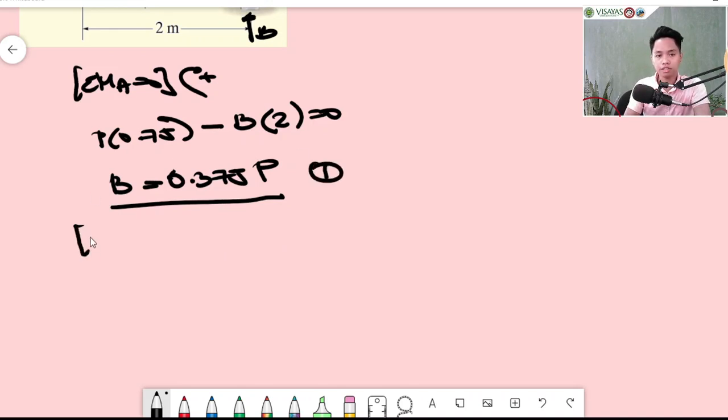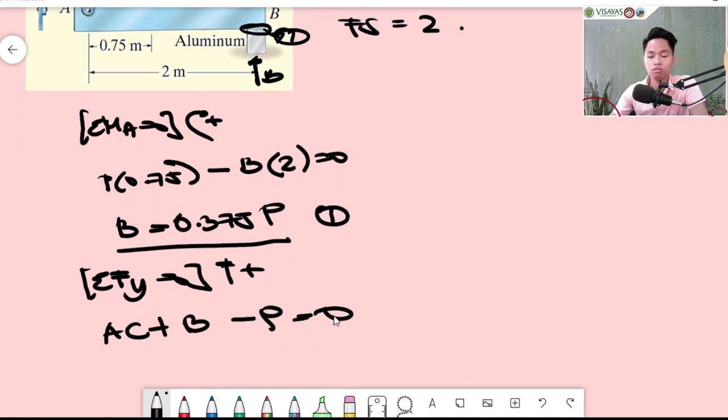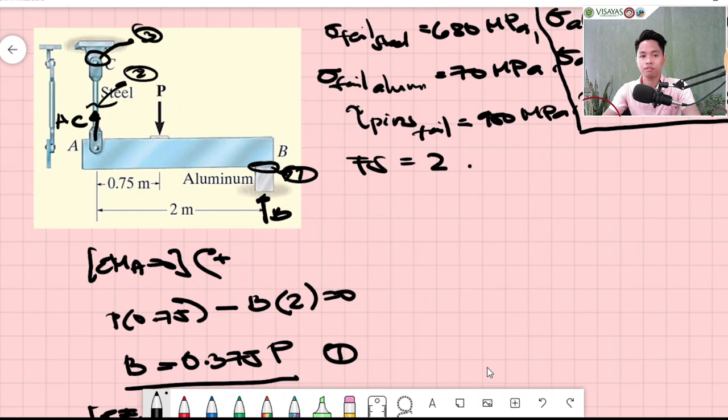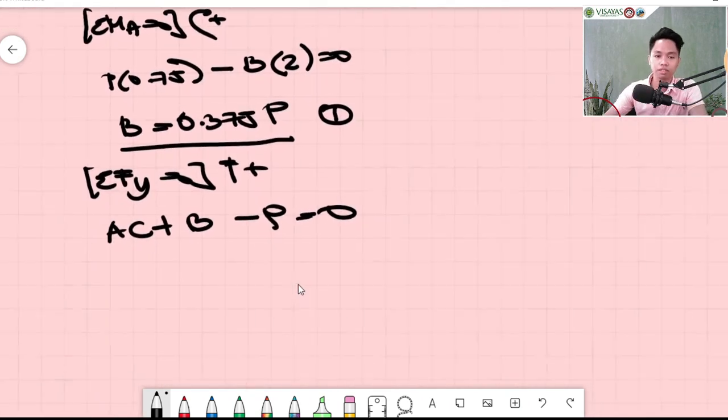For the summation of forces Y is equal to 0, upward forces are positive. So we'll be having your si AC, di ba? We'll be having AC plus your B minus your P is equal to 0. Kung naa man siguro line forces diha, wala na. Okay, excuse me.